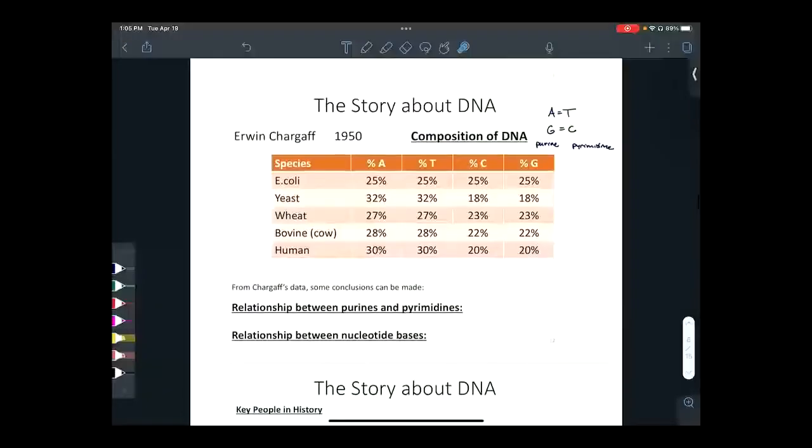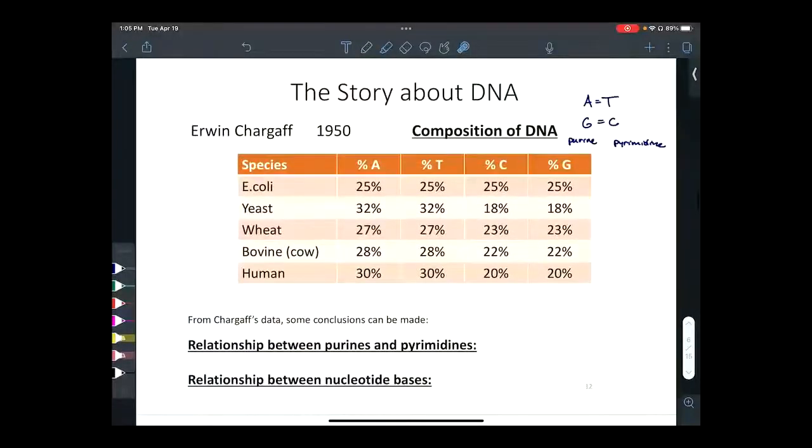So the story about DNA, this is a little side story about how we got to the idea of scientists discovering what's the composition, what's the structure of DNA. It involved a lot of different people probably fighting and having controversy over what is the true structure of DNA. So here's a little bit of data that allowed scientists to glean and understand a little bit more about the purpose of the nitrogenous bases.